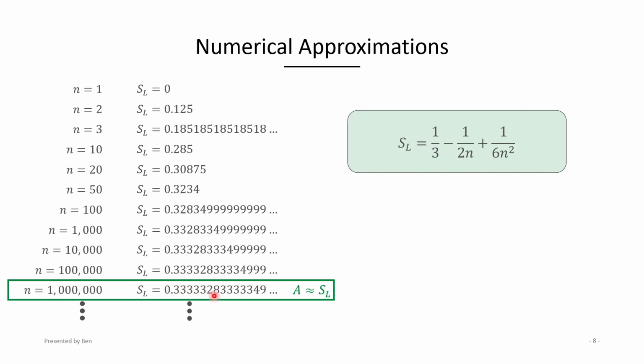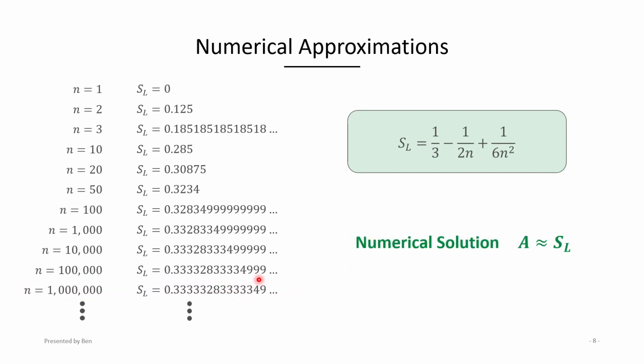A lot of 3's are here. So we can see that we have solved the problem. We have solved the problem numerically. We found a numerical solution for the purple area under that parabola, it equals SL approximately when the number of rectangles is large enough, right?